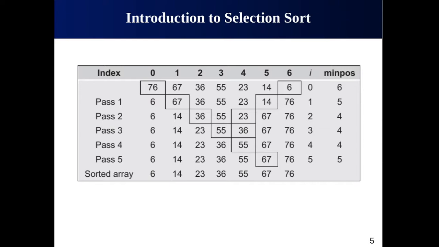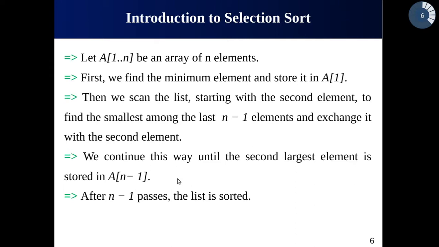Technically, we can say that we have an array and the elements of the array are like a up to n. If you start from 0, then the elements are going to be from 0 to n minus 1, depending on the indexes, whether you are starting from 0 or from 1.